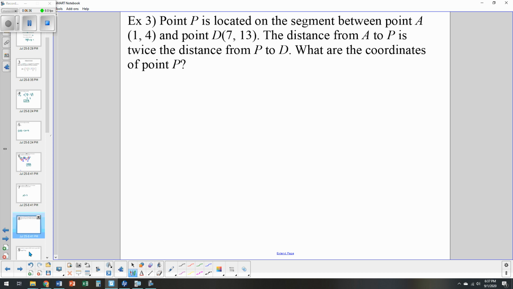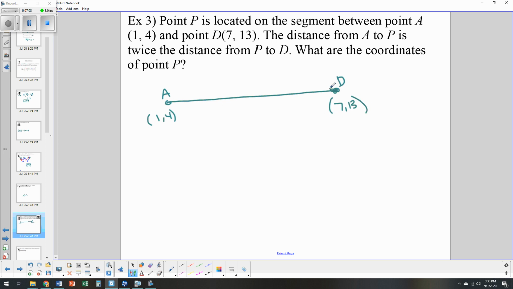This next example is actually much trickier than anything you would have to do on your own, but it is still something I want to show you. Point P is located on a segment between point A and point D. So we know A and D are at the ends. A is 1, 4, and D is 7, 13.